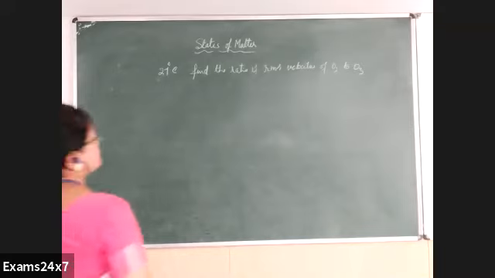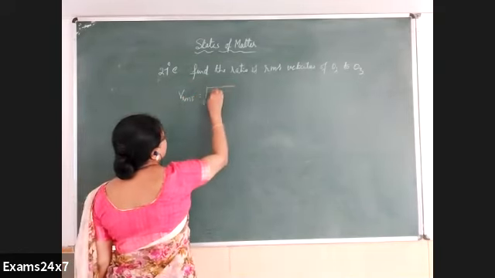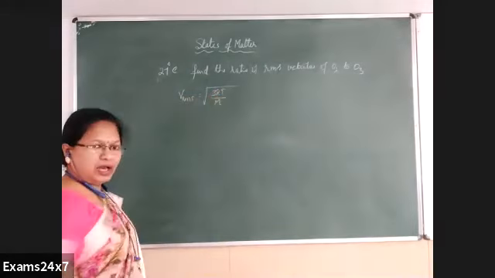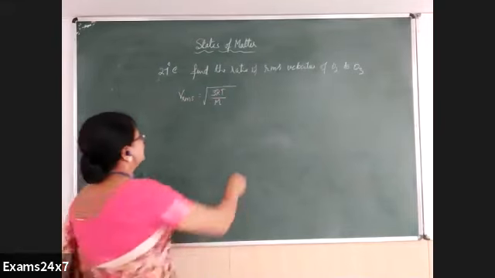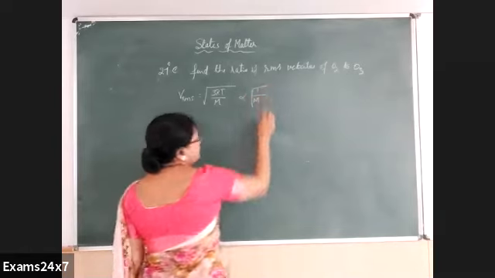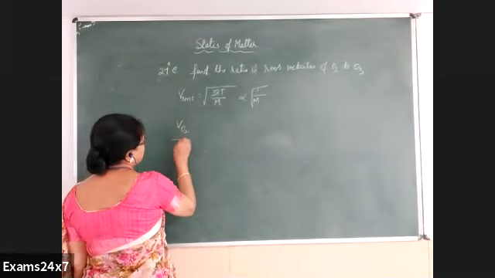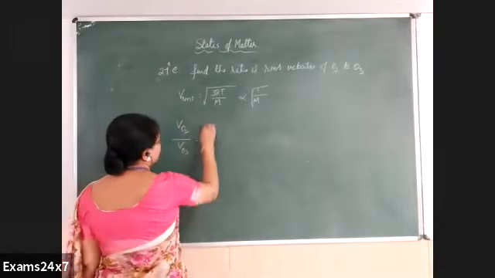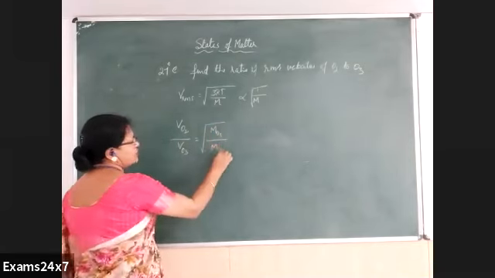What is the RMS velocity formula? Square root of 3RT by M. R is a constant, and the temperature is set at 27 degrees Celsius, which is also constant. Therefore, RMS velocity is proportional to 1 by square root of M. For the RMS velocity of oxygen to ozone, it is the square root of the molar mass of ozone to the molar mass of oxygen.